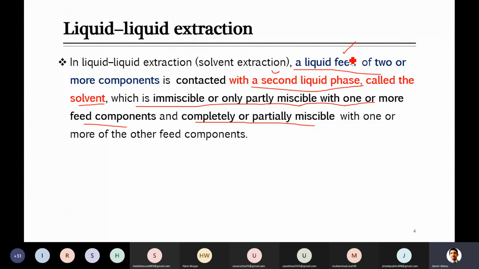Our solvent will be selected, and later we will talk about this, in such a way that it can completely dissolve, or is miscible with, some components of the feed, so that it can extract those components from the feed and take them with it, while others will be left in the feed, because they are not miscible with this newly introduced liquid.